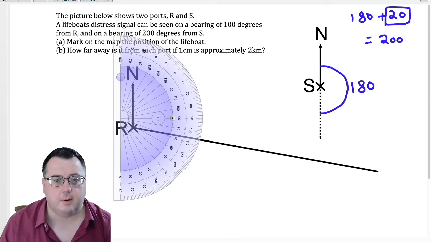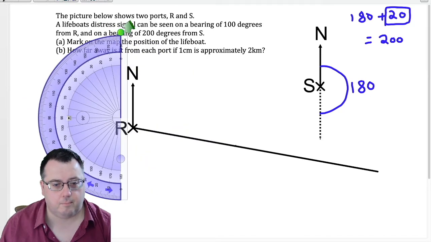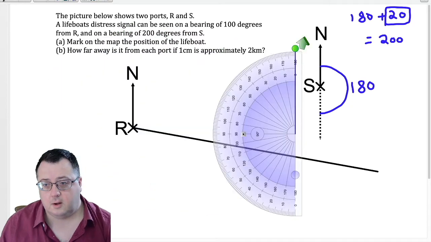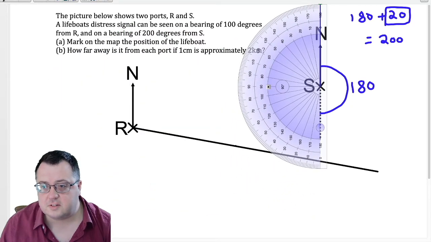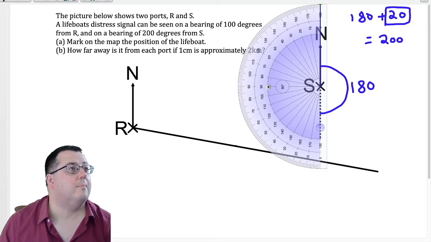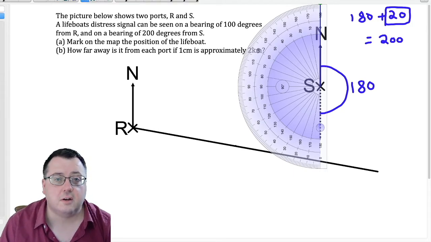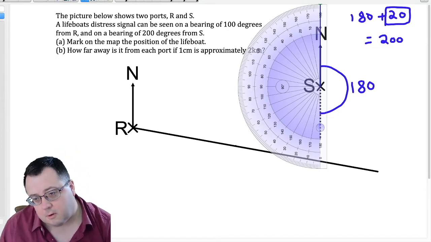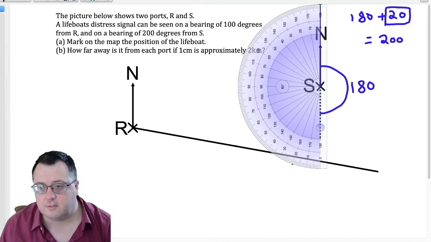I'm going to rotate my protractor. Okay. And it's facing the opposite way, but we can see going around the outside edge that you've got 20 there at the bottom. So if I use a different colour, let's go with green, put a dot there at 20, that's good enough.